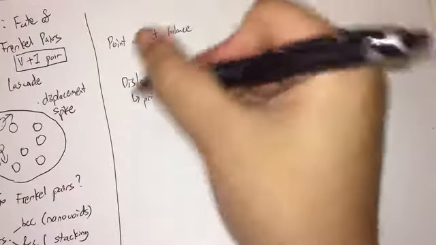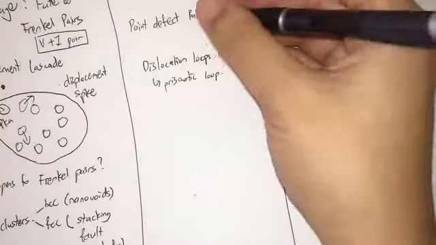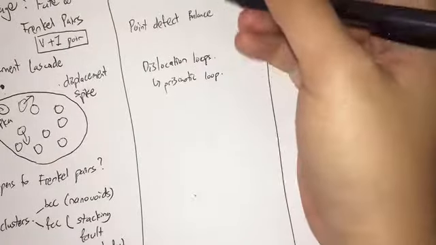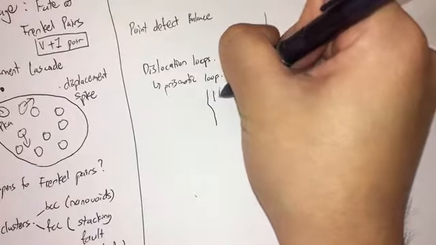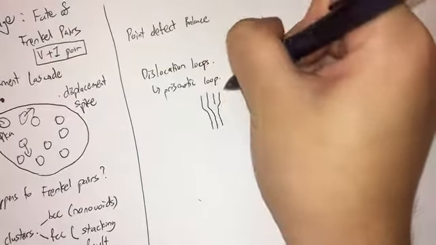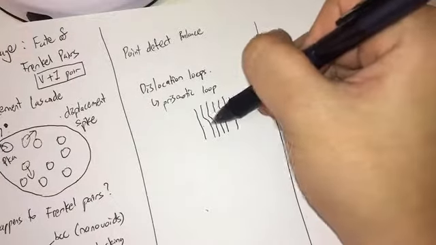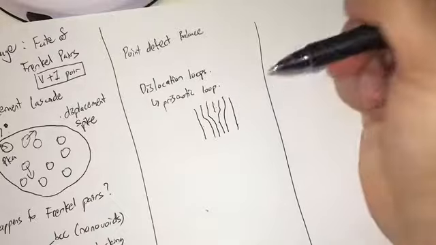So let's say you have interstitials, something like this, a very cramped interstitial lattice. And from what we know about these dislocations, we know that it looks something like this. These are all the planes, and this is the extra plane being inserted in, and these are all the other planes.